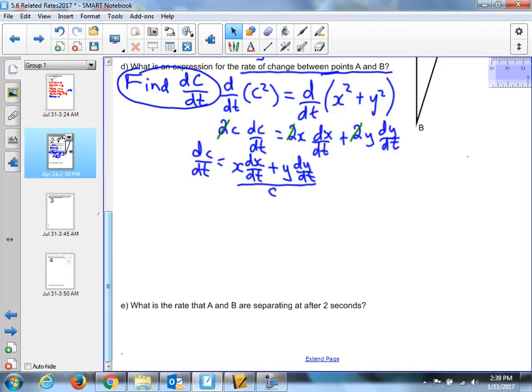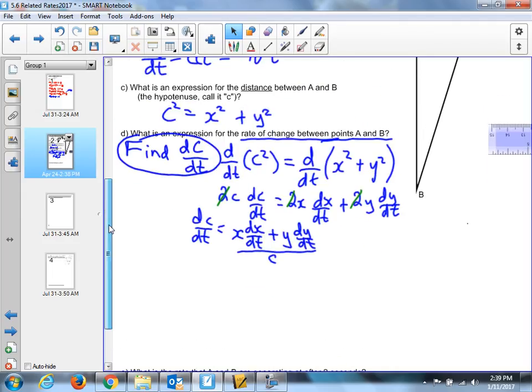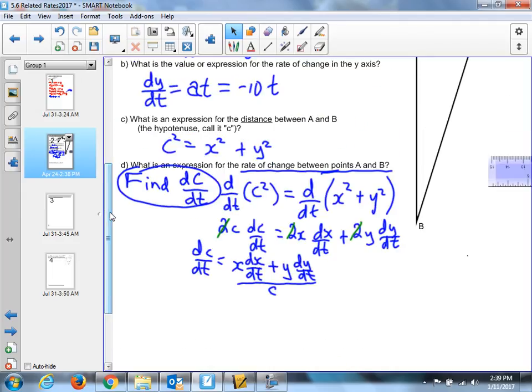Okay. We do have an equation here, and it's possible that we could work it out right now. If you wanted to, you could sub in the root of x squared plus y squared into there, right?